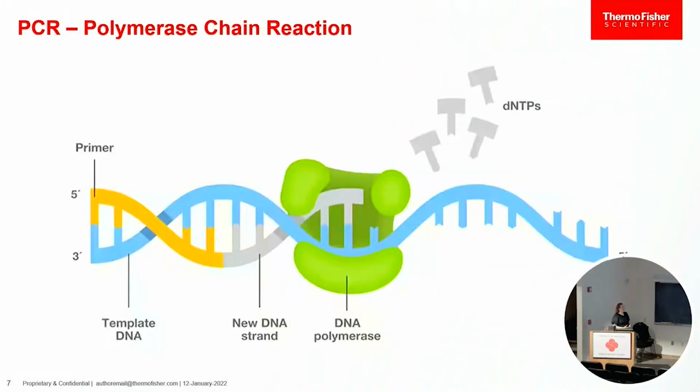So what's actually happening? So this is my nice little picture of what's actually going on in our reaction. So we have our template strand in blue. So imagining if we have DNA and we pull it apart, we're just looking at one of those strands.